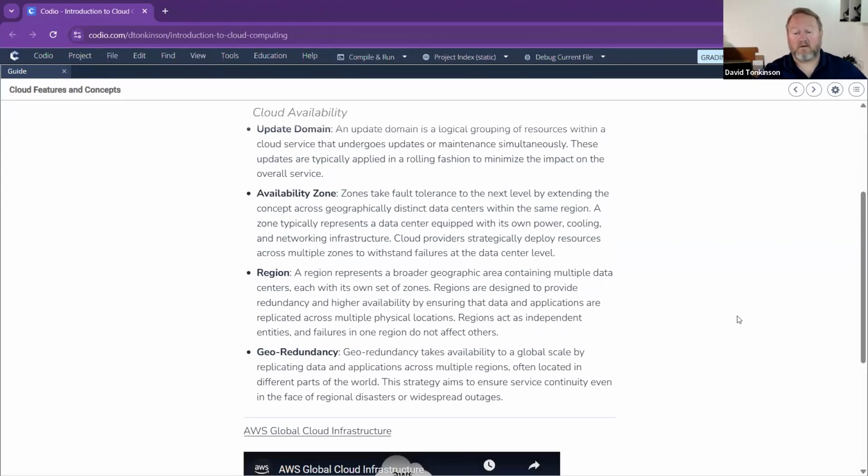Then there's availability zones. Now, zones and regions, I'll hold my hand up, I get these confused and I sometimes get them the wrong way around. So an availability zone is essentially the next level extension. The zones are a group of data centers. We don't just give you one data center. AWS has hundreds around the country. So when I put my application and my data on AWS, they don't just say that lives in the west side of this data center. They say that lives in this zone.